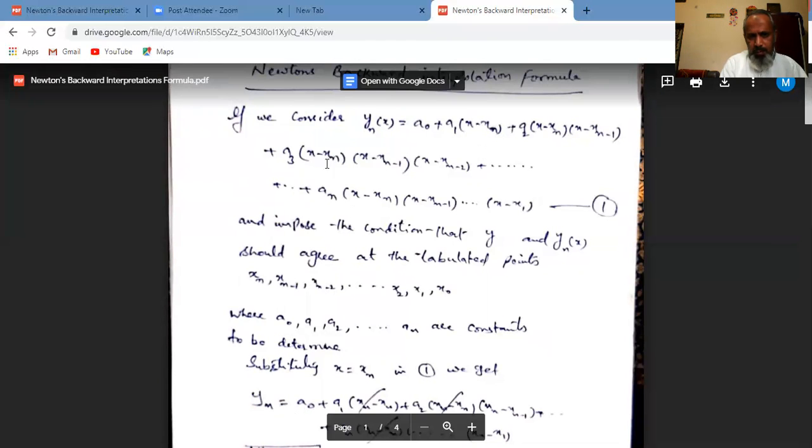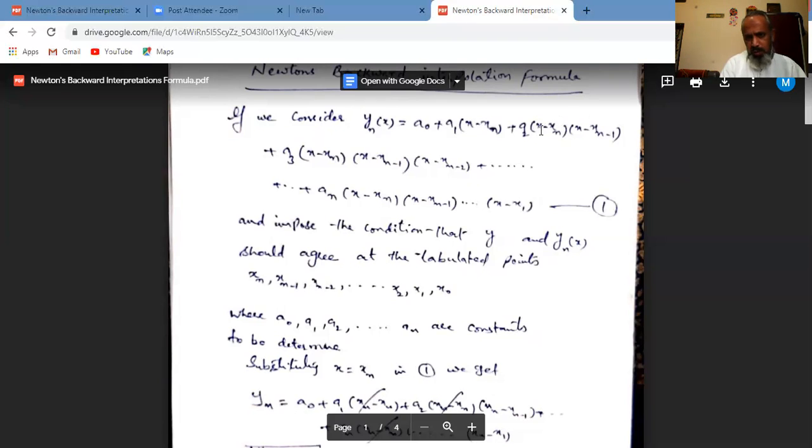Now, in this polynomial 1, we are substituting x equal to xn. What happens? At x equal to xn, the corresponding value is yn. So yn is equal to a0 plus a1 into (xn minus xn), so this term will be cancelled. Likewise a2 into (xn minus xn). In all the terms, there is a factor (x minus xn).